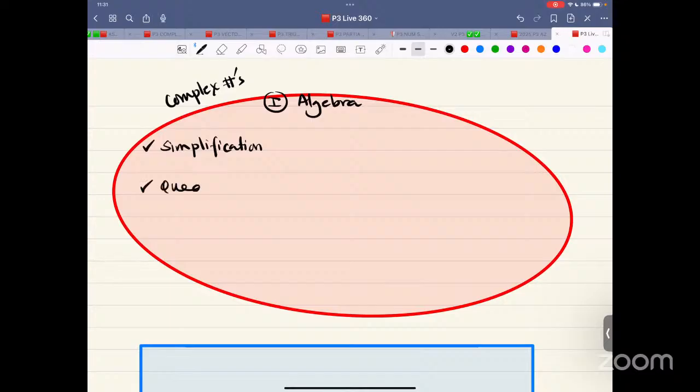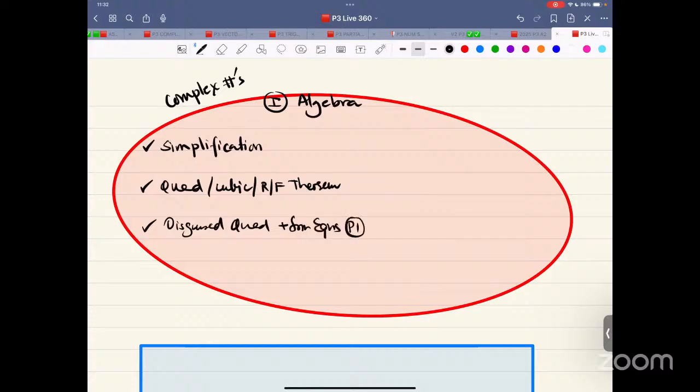Knowledge of quadratics, cubics, polynomials, the remainder and factor theorem. All these things are very necessary. Disguised quadratics and simultaneous equations from P1, where one is linear and one is non-linear, disguised quadratic equations. This thing is there a lot.